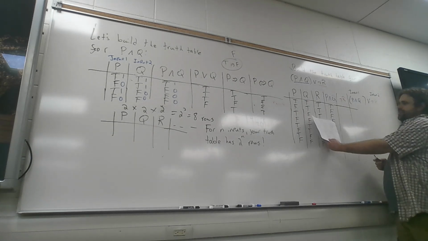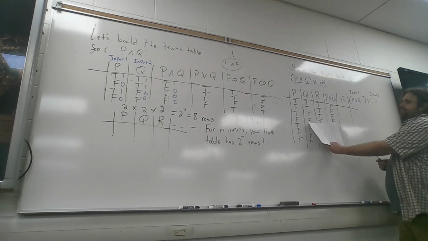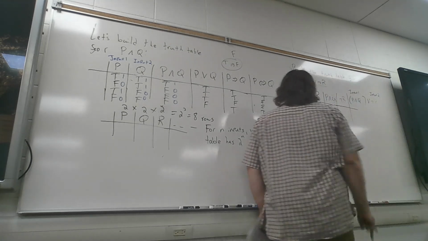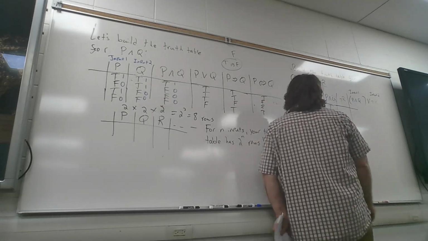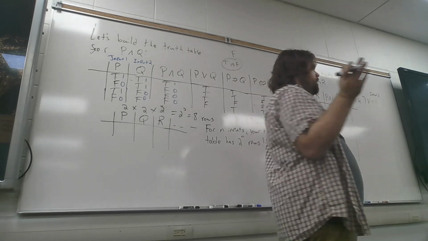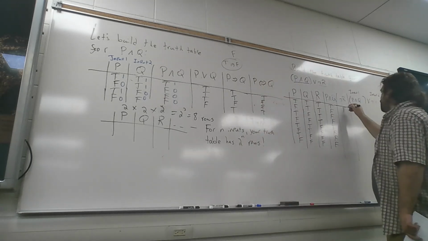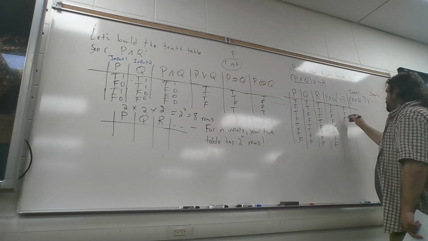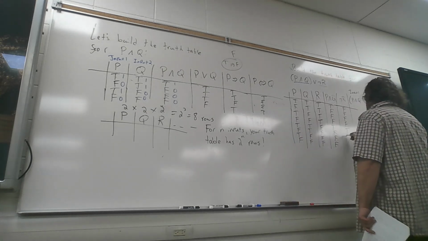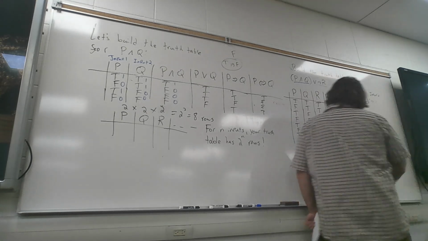We can essentially cover this bottom half, and we've got the full truth table. But now we need to worry about not R. So that one's easy. It's just take this and flip it, whatever you see. So wherever you see a T, write an F. And wherever you see an F, we write a T. Like that.